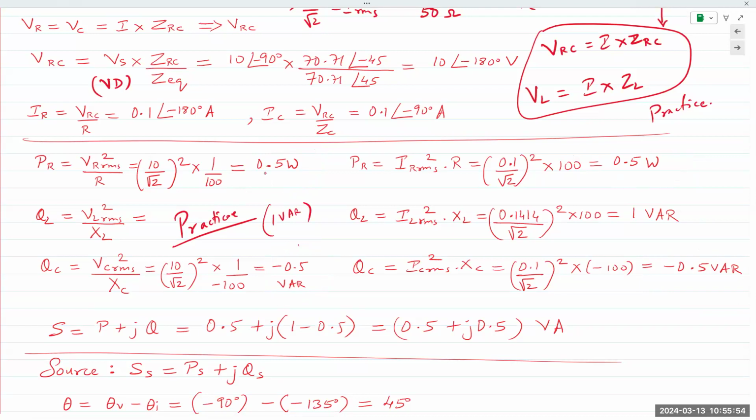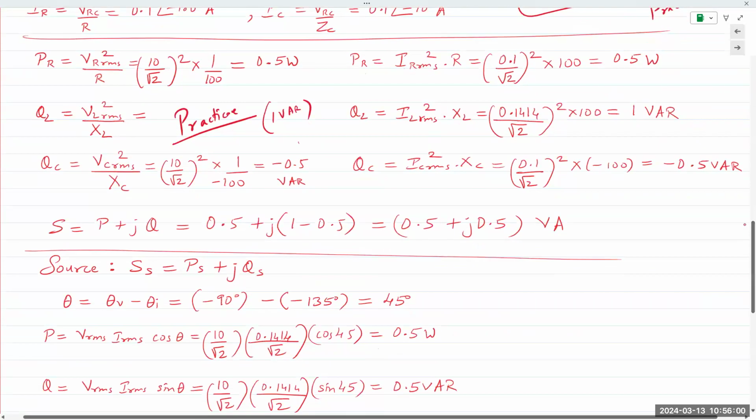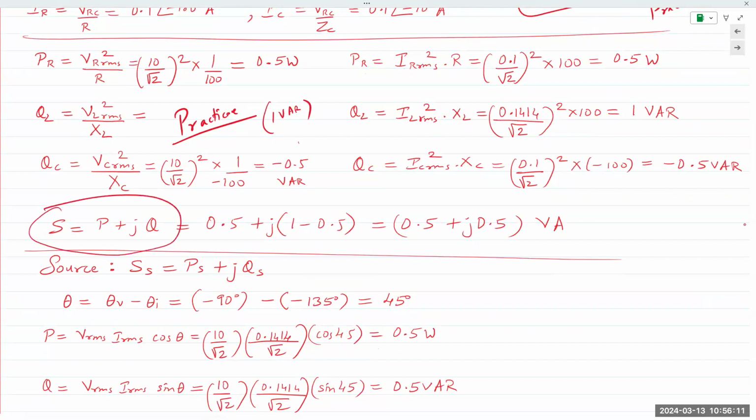So I found P, I found my total Q in the circuit. QC will have a negative sign, so it's minus 0.5 VAR. Total Q is 1 minus 0.5, so 0.5 VAR. When I add everything up, I can find the total power for the source as S is equal to P plus JQ.